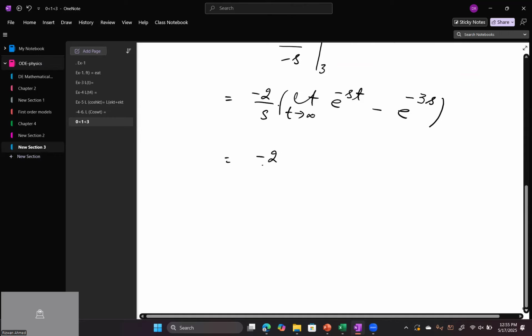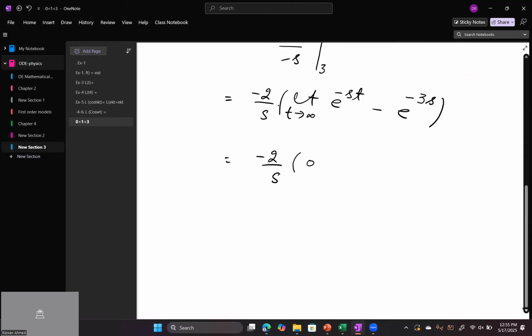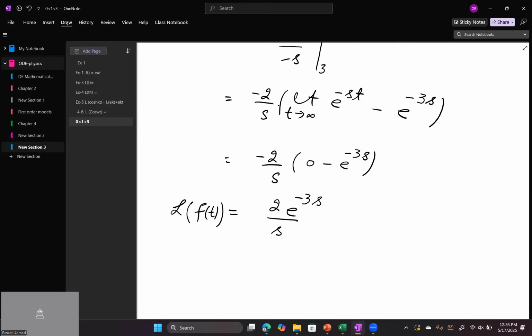The limit will vanish to 0, and then we have e raised to the power minus 3s. So it becomes 2 by s times e raised to the power minus 3s. So the Laplace transform of the discontinuous function has been evaluated, and we got the result.